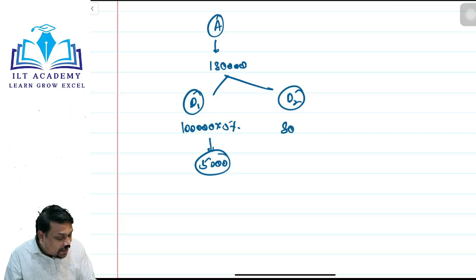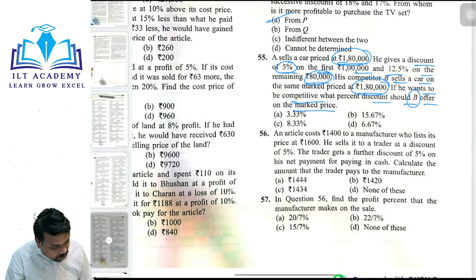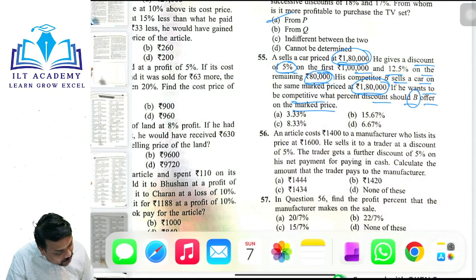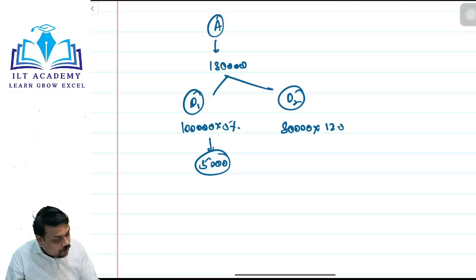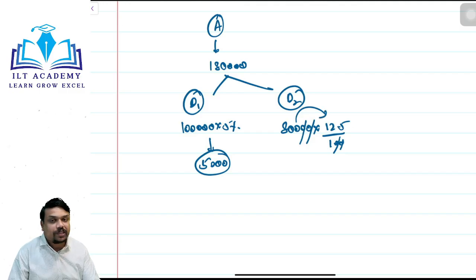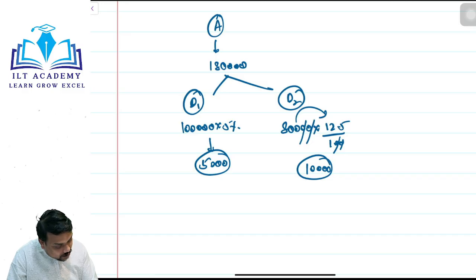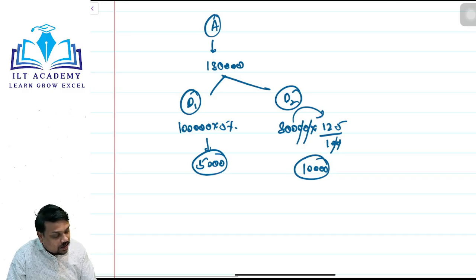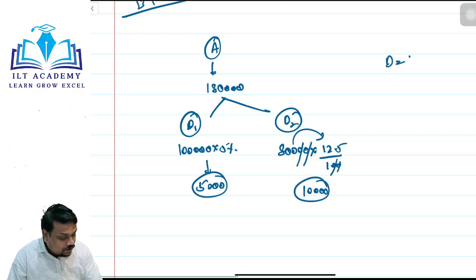Discount 2 on the second 80,000. How much percentage is he giving? Check. On 80,000, he gives 12.5%. So 12.5 divided by 100. The zeros cancel. 800 into 12.5 is 10,000.